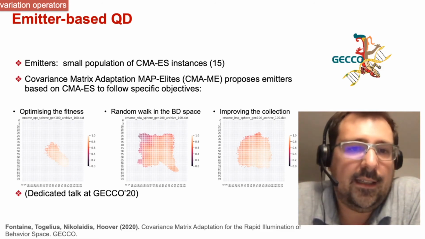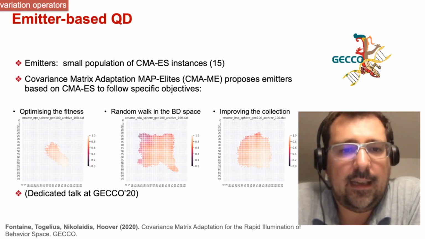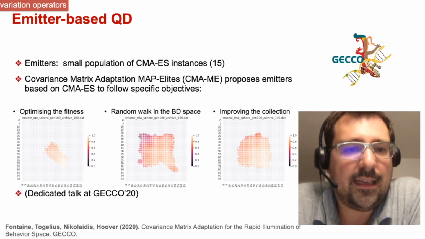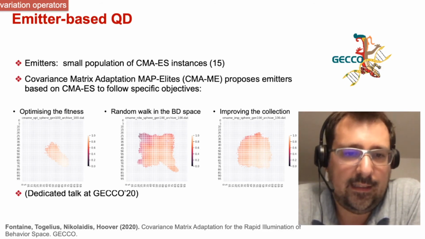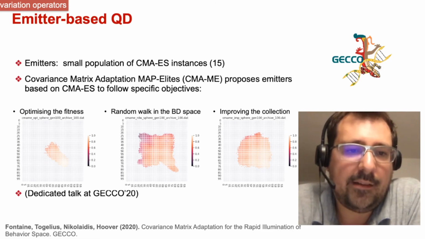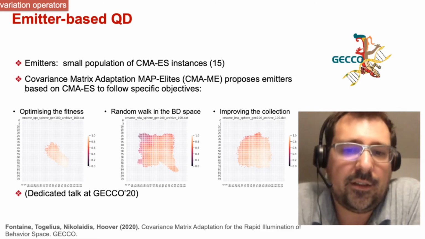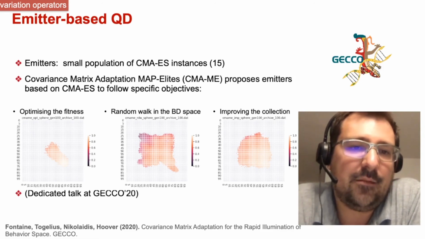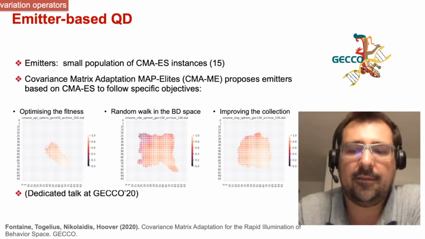So what they do here is that they have a small population of CMAS instances, and then they try to select one of them and then generate new individuals according to different ideas. So one is to say I take a random direction in the behavioral space and I try to move in that direction. Another one is to improve the collection, so improve the map edit. So that means that you rank individuals depending on how much they have improved the archive.